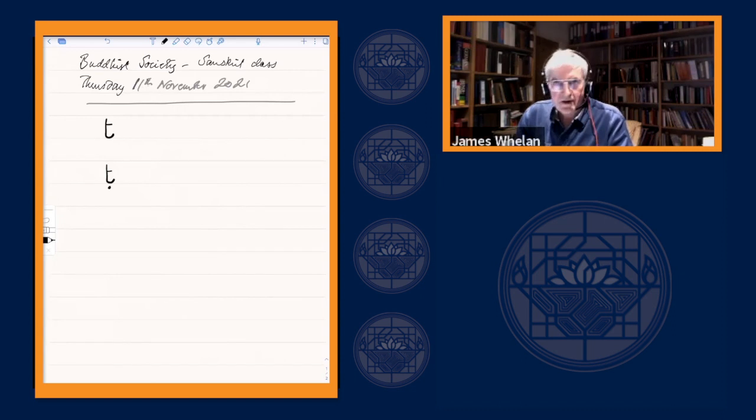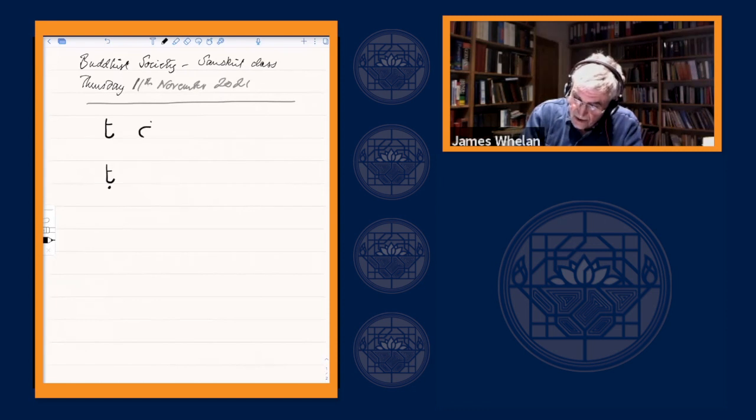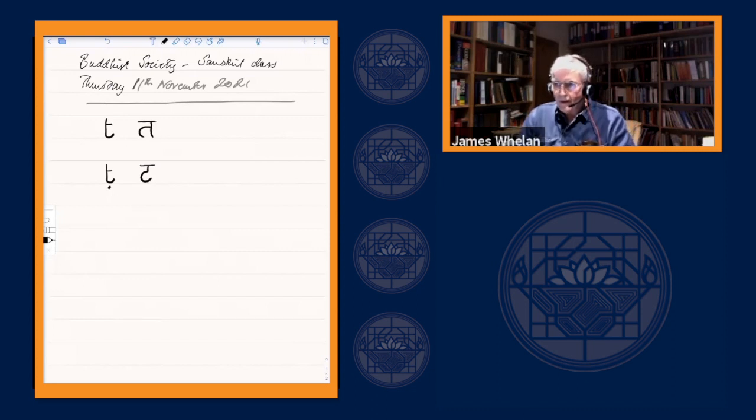In the Devanagari script, we have entirely different letters for them. So as we all know, this is the letter for the. Now look at the letter for the is that. Now, one thing you will notice about these letters, just watch me writing them.